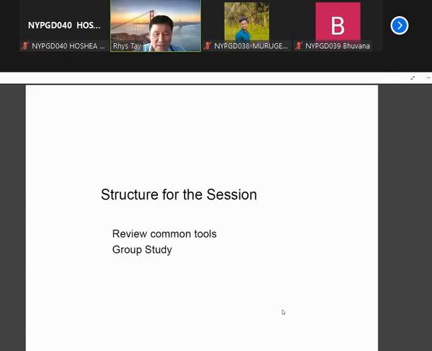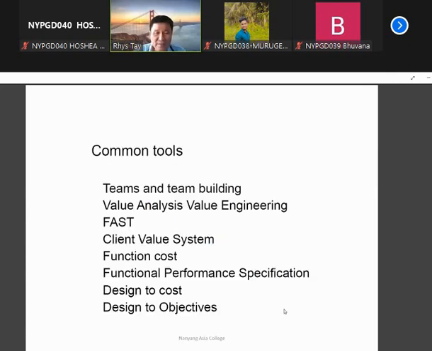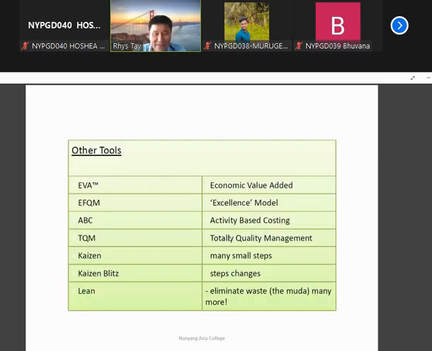So let's look at it. The common tools we have are team and team building, value analysis, FAST and value function cost, design cost and design to objective. This one will be explained in the next few slides.